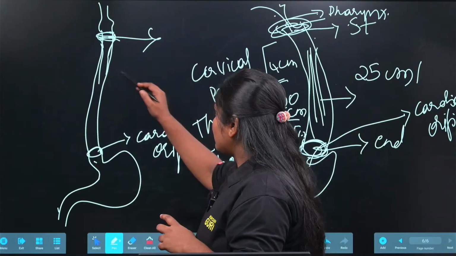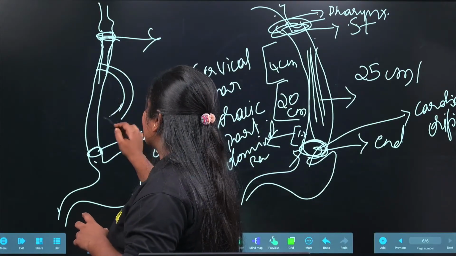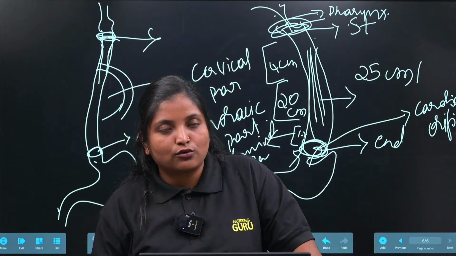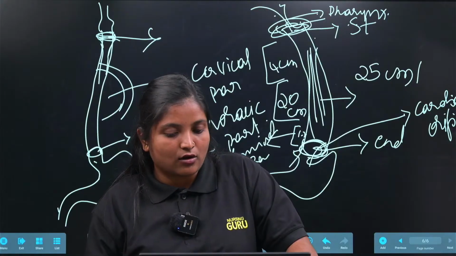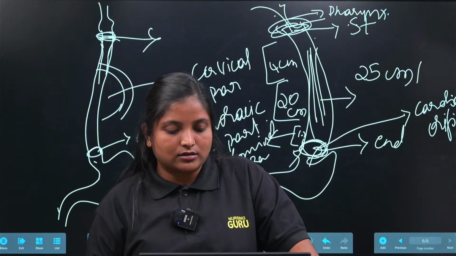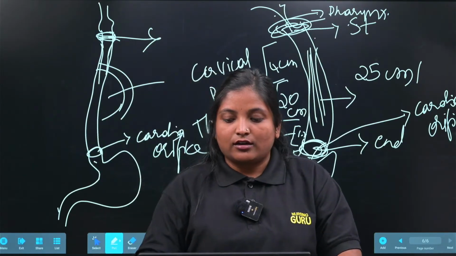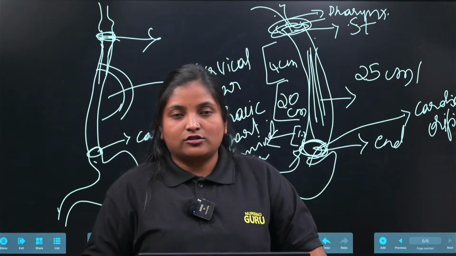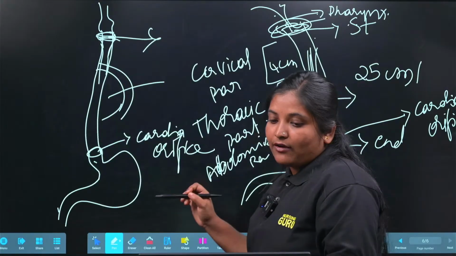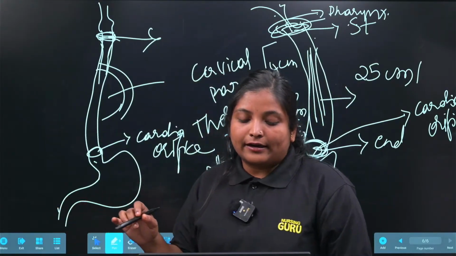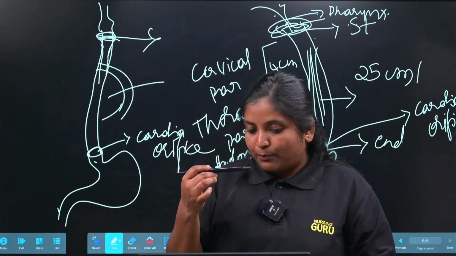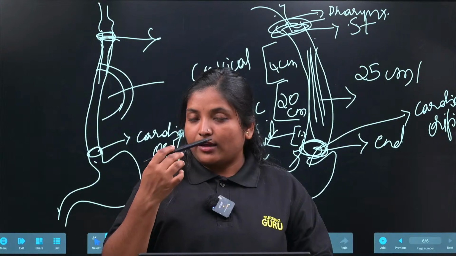So the aortic constriction is about 22.5 centimeters, 9 inches from the incisor teeth. And the third constriction is the diaphragmatic constriction, at the diaphragm. It is about 27.5 centimeters, 11 inches from the incisor teeth.